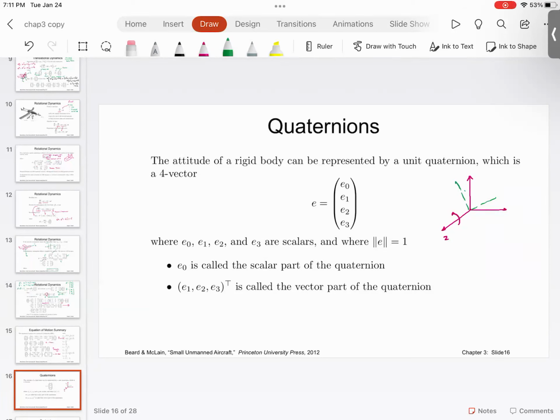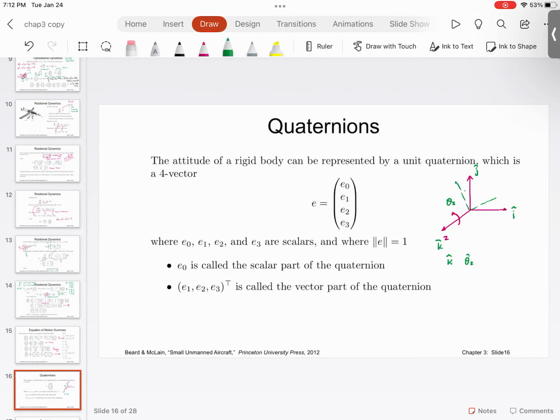Since I have coordinate frames, as you can see, this is my I, J, and K. I could very well say that this is the rotation theta z about K. Now I'm representing rotation as a rotation about an axis.